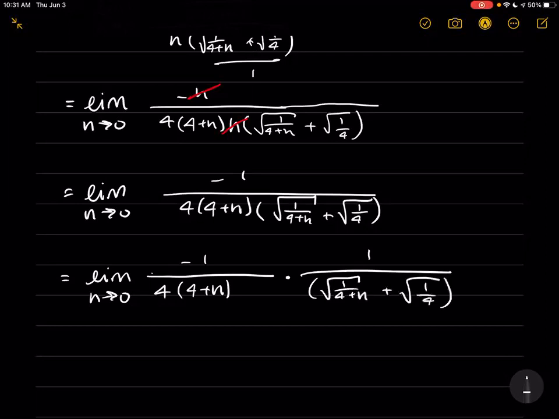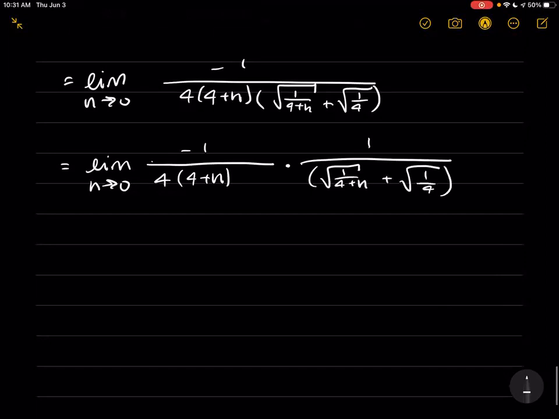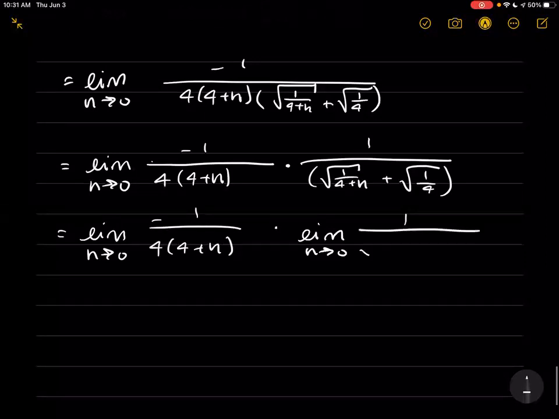Okay, and so then using one of our limit laws, we can break this up. So this is the limit as h goes to 0 of -1 over 4 times 4 plus h times the limit as h goes to 0 of this thing, 1 over 4 plus h plus 1/4.